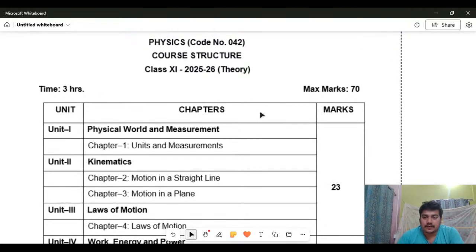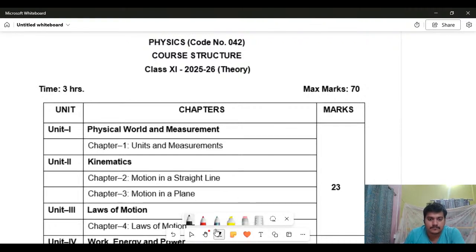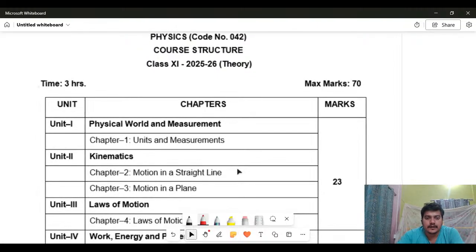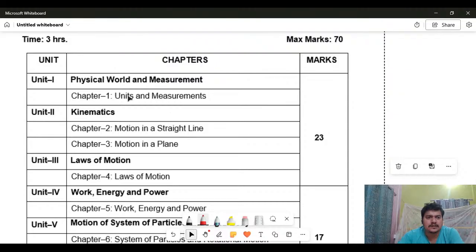For now, I'm telling you there are basically a few chapters: units and measurements, kinematics, and laws of motion.